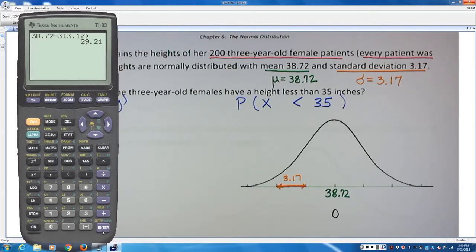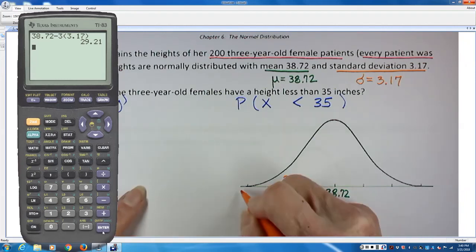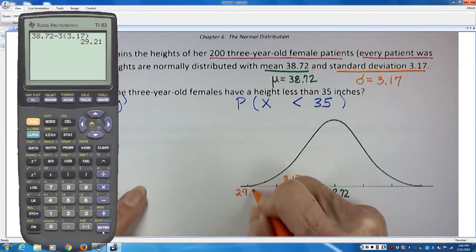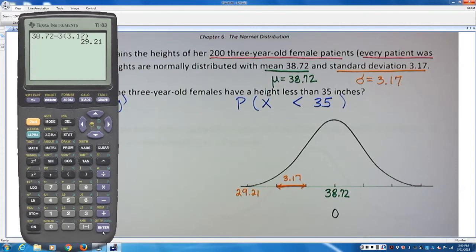So the smallest patient of all weighs 29.21 pounds. And then the next markup is 32.38 pounds.